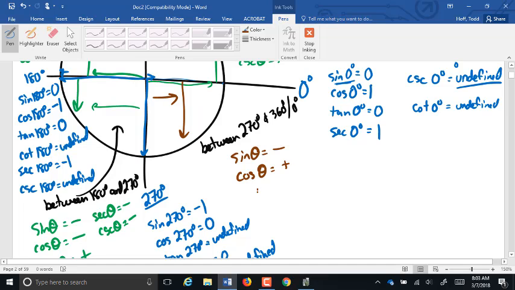That's back in the positive direction, which means the tangent is negative. Cotangent, negative. Secant, 1 over cosine, cosine's positive, so secant's positive. And cosecant would be negative, 1 over sine.